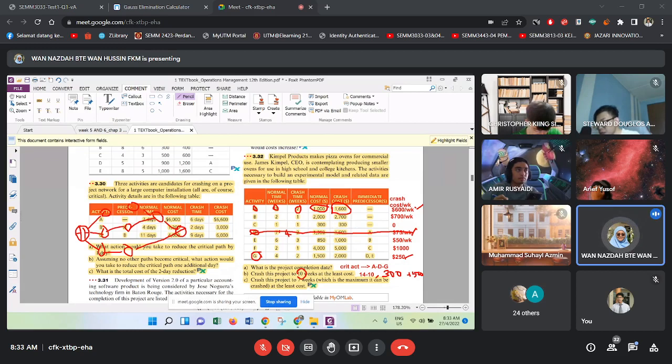No wonder it didn't work. So can you put D as 3 instead of 4? If you put 4, you crash 3 weeks only. Time to complete activity D: from 7, you crash 4, so it takes 3 weeks to complete.